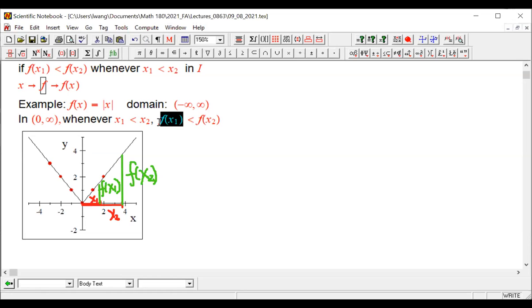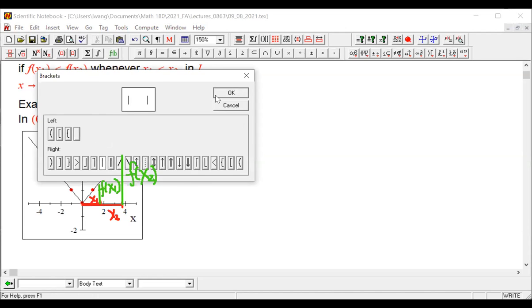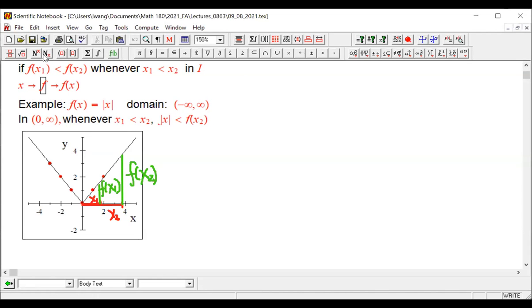In particular, if we apply the function, you write x sub 1, and here is going to be x sub 2. Right? That's it.